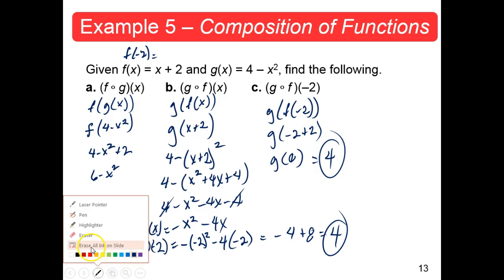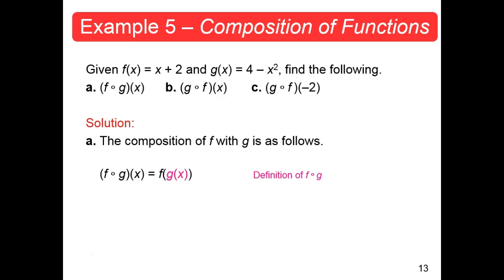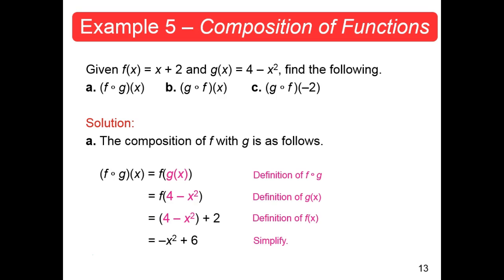All right. So let's see how they did. First, they did f composed with g, and they did it just like you did, f of g of x, and plugged in the g of x, f of 4 minus x squared. F said, take whatever's in parentheses, add 2 to it, 4 minus x squared plus 2, which is minus x squared plus 6. I wouldn't have written it that way, but that's fine.